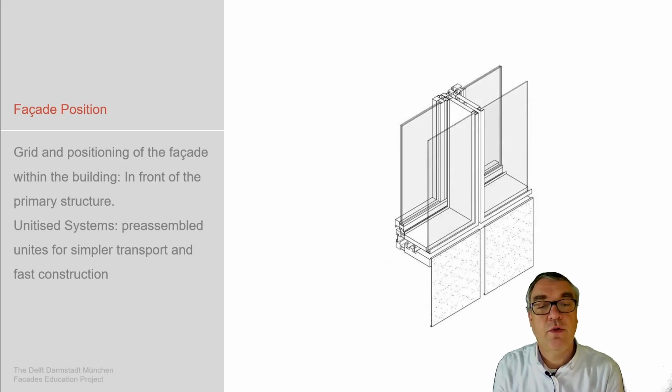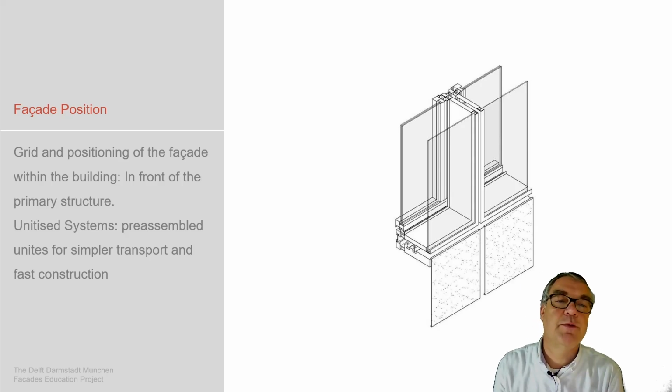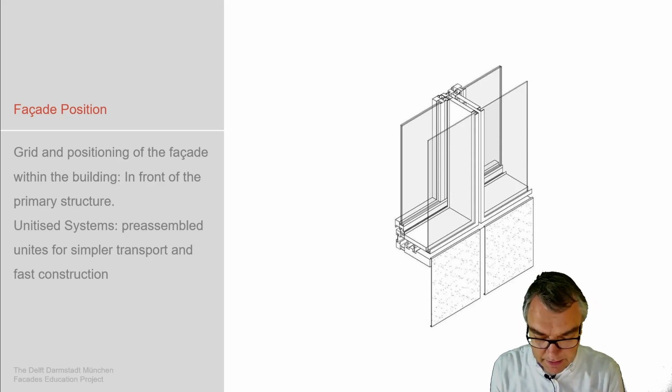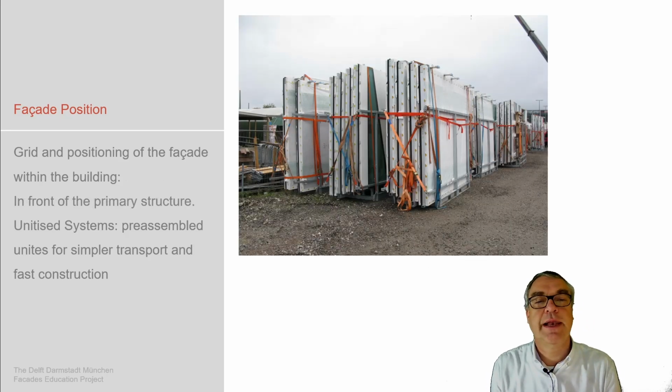A more detailed view of such a unitized facade as a double facade: we see an outer layer, we see an inner insulation glass unit layer, we see the openable window, and we also see 3 layers of sealant, which we will investigate deeper in the later part of this lecture.